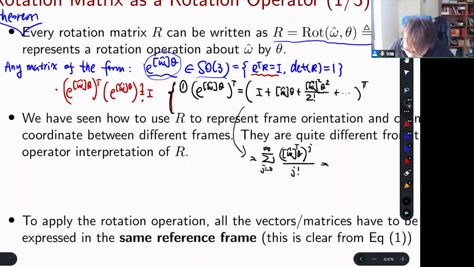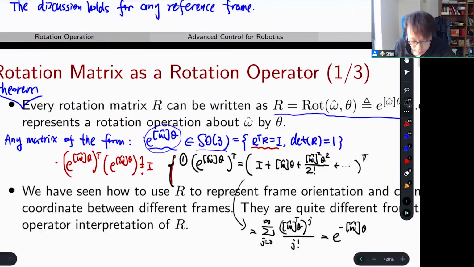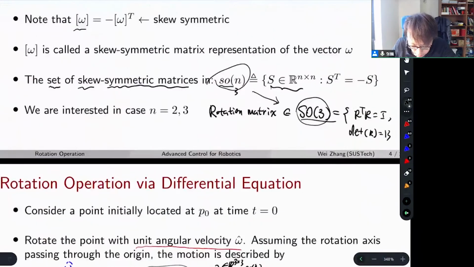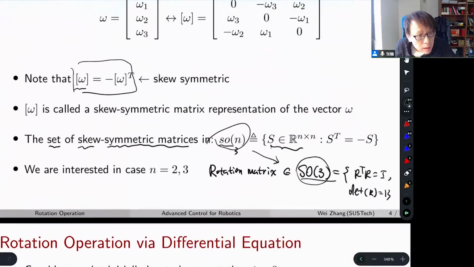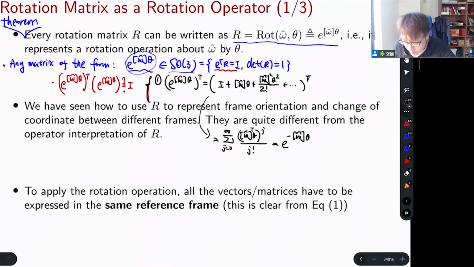I'm not sure whether you can see, I will jump a few steps. This is nothing but this. If you take the transpose, omega hat squared transpose will be omega hat squared, while the odd powers get a negative sign, right? Look at this property. Transpose gives you a negative sign. So the second fact is that E to the A times E to the negative A should be identity, because you can sum them.